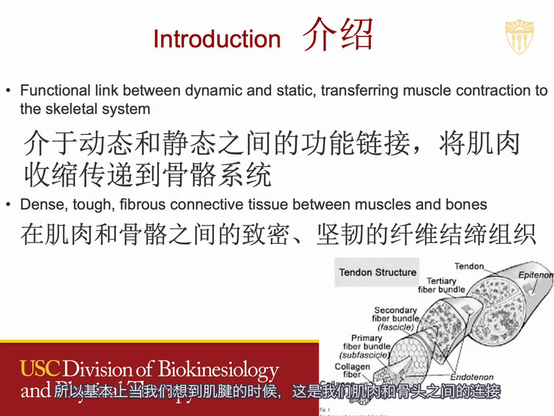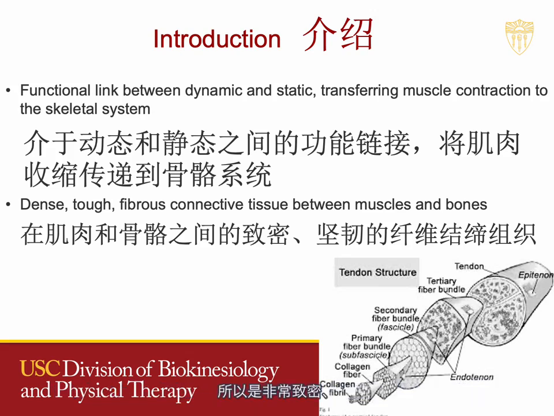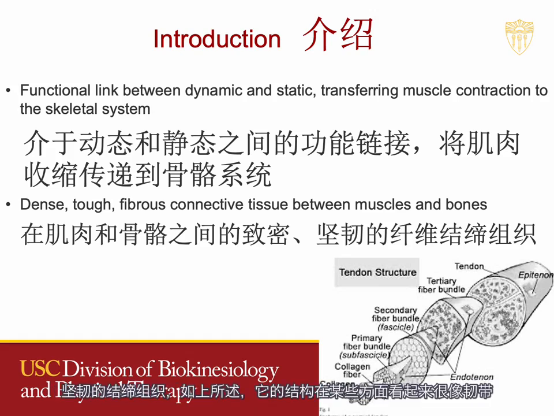So basically, when we think of a tendon, I think you all know that this is the transition between the muscle and the bone, right? So we're looking at something that's very dense. It's a very tough tissue. It's a connective tissue. And the structure, as I just said, looks a lot in some ways like a ligament.